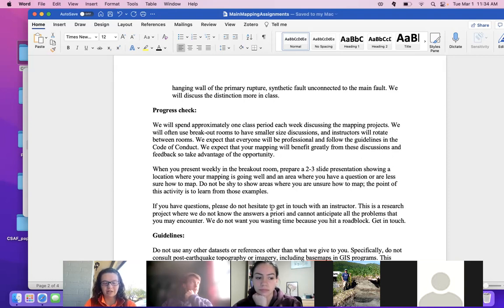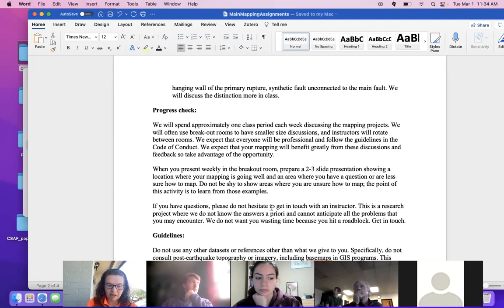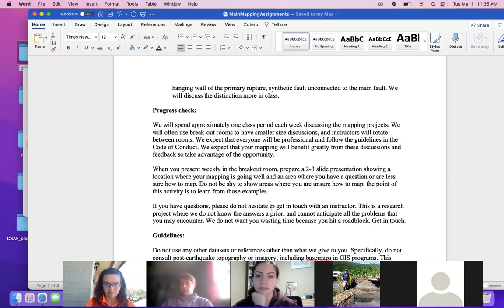For example, one of the questions we have is, how repeatable is mapping by different people? For that, it's really important that we get as much data as possible. We expect that the maps are going to be different, and it's really important for us to capture those differences and understand how different people perceive the landscape and how that impacts their map.